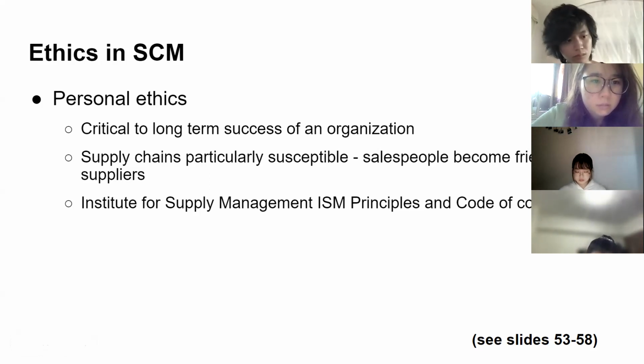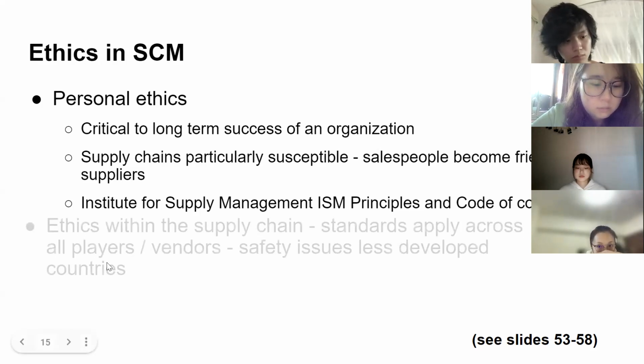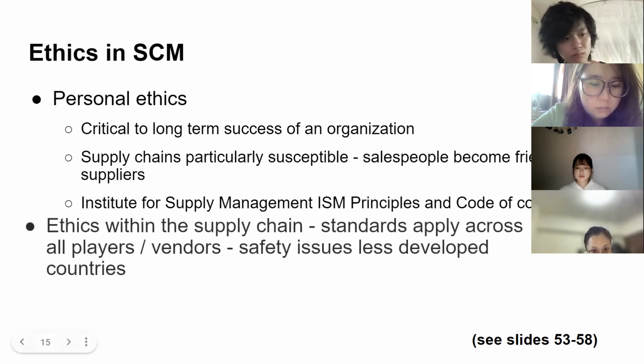So the principles and code of conduct have been established by the Institute for Supply Chain. You can view slides 53 to 58 to look at some of the issues in terms of the principles and the code of conduct. And of course, there are also ethics within the supply chain, standards that apply across all players and vendors. How do you make sure there is no dumping of price?